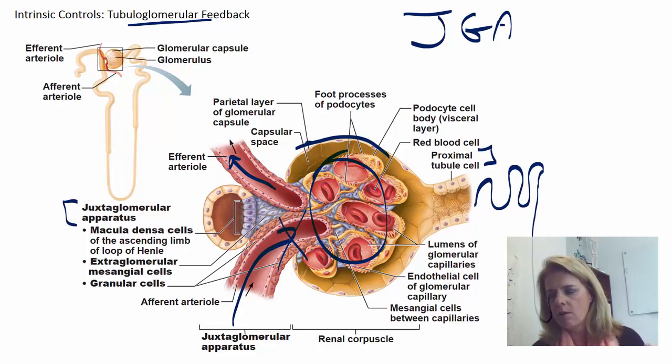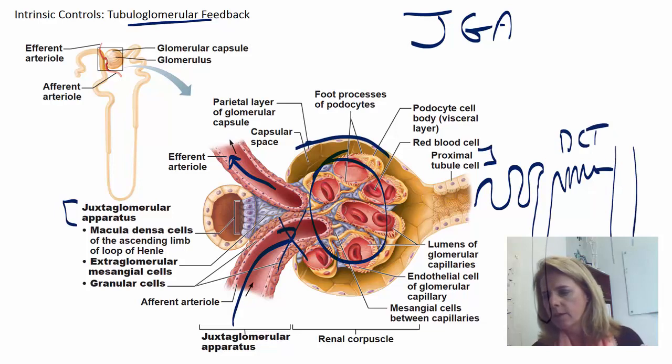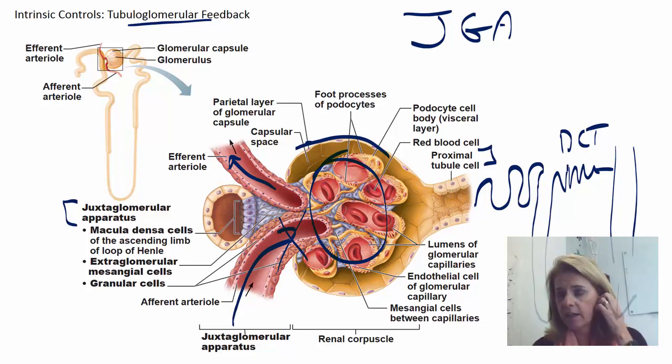It makes a long loop of Henle, then it makes another wavy thing called a distal convoluted tubule, and then that's going to go into a collecting duct, and then that's going to go out to the ureters. Okay. So where the ascending limb of the loop of Henle and the distal convoluted tubule transition, that area actually comes back to its own glomerulus.